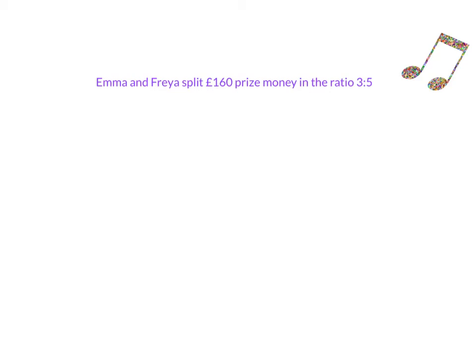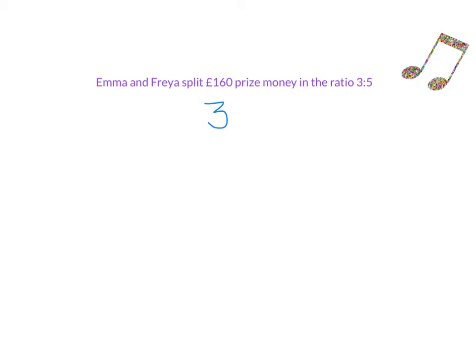Okay, in our second example, Emma and Freya are splitting prize money. Now they've been given £160, and the ratio that they're using is 3 to 5. So take a moment to think, who is the 3 representing and who's the 5 representing?